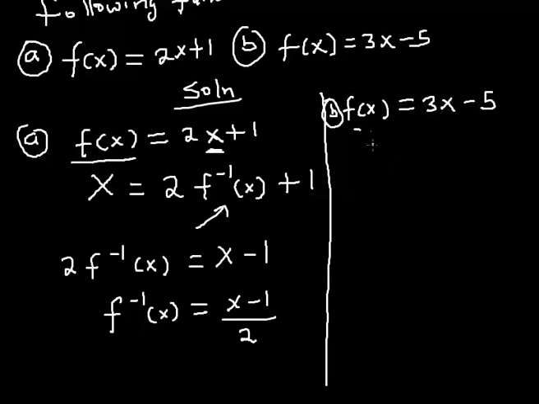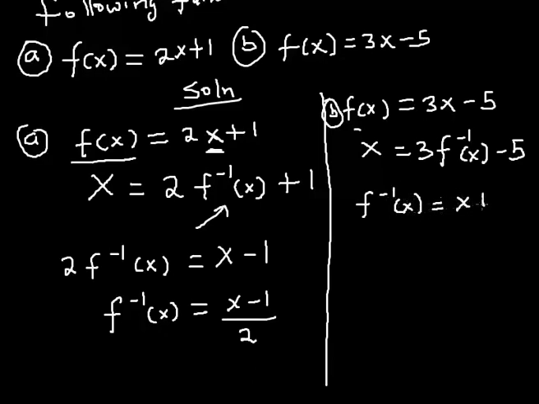The f of x, I'll replace it by x, and the x is replaced by f inverse of x. So I'm reversing this function by making f inverse of x the subject. If I make f inverse of x the subject, what I'm going to have is x plus 5, then divided by 3.